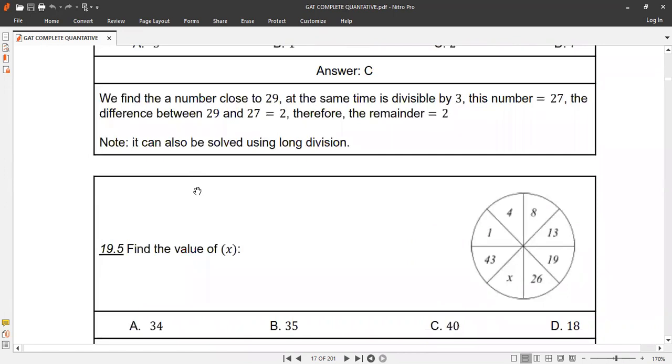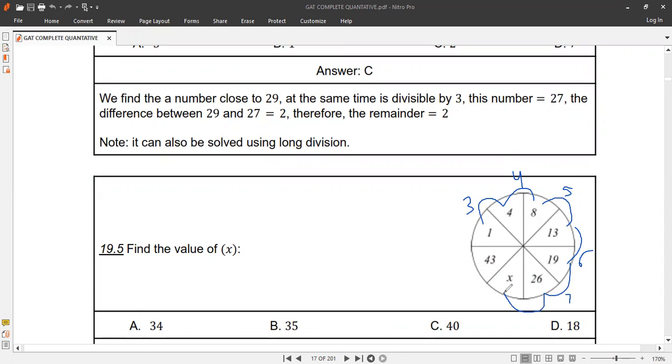Here, find the value of x. So here, in this case, I need to find a relationship between the numbers. 1, 4, 8, 13. You can see that we add 3 to this number, then we add 4 to this number, then 5, then 6, then we add 7, then we add 8.